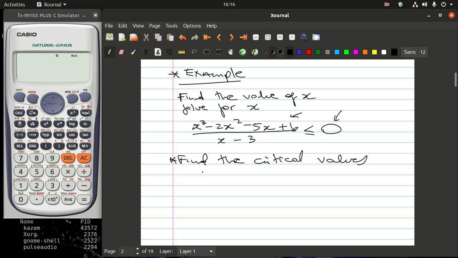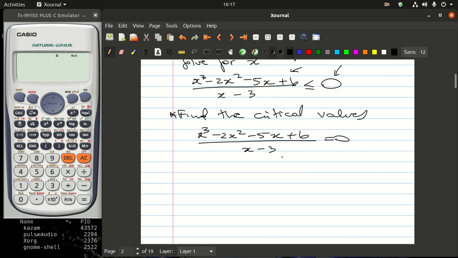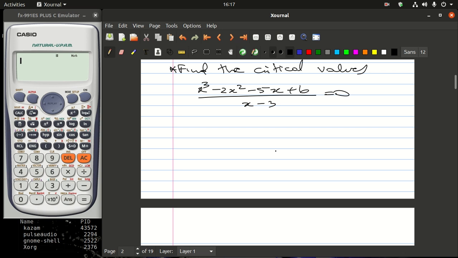Now, the first thing is we want to change the inequality to an equation. So we're going to have x cubed minus 2x squared minus 5x plus 6, all over x minus 3, is equal to 0. So we want to find the critical values that satisfy this equation. First of all, we said that for this to be equal to 0, it's only the numerator that can contribute to that.